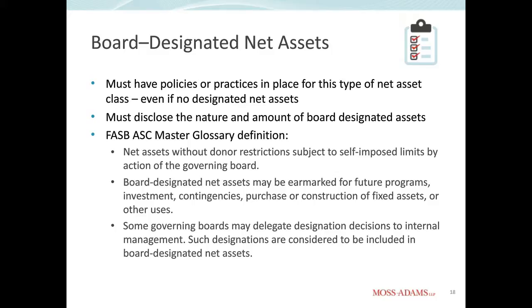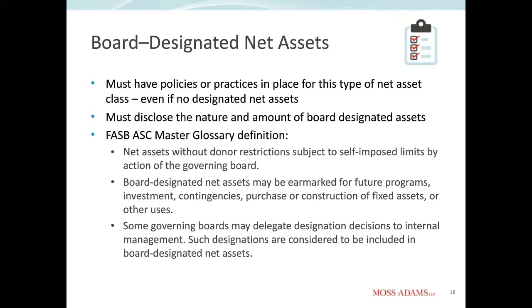They are considered to be net assets without donor restrictions because it is related to an action of the board, and the board could change those designations at any point in time. So although there are restrictions, they are not donor restricted.